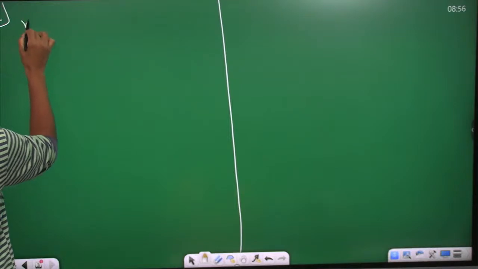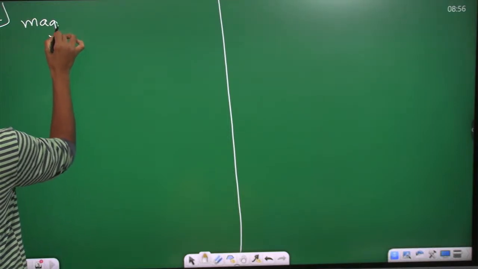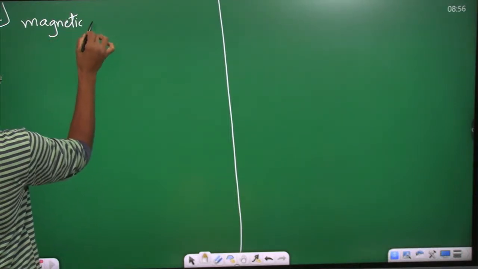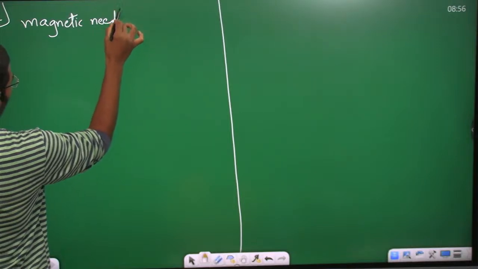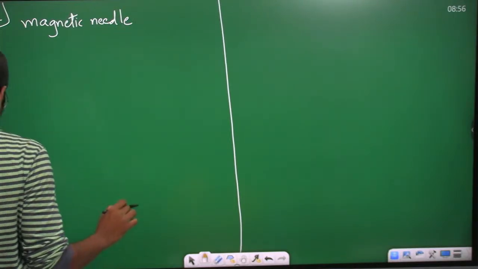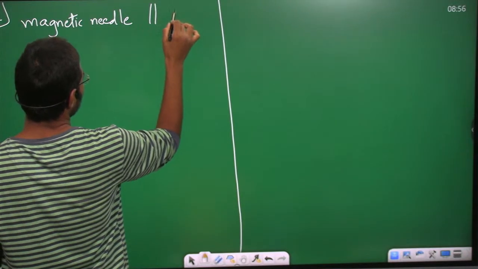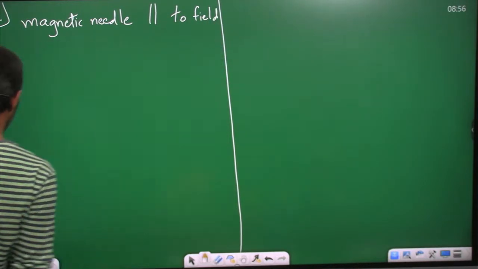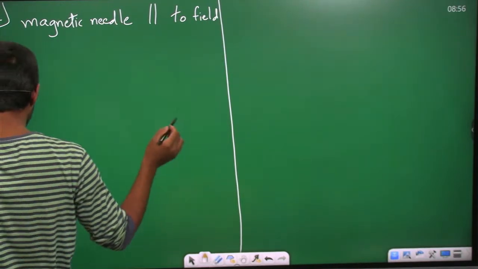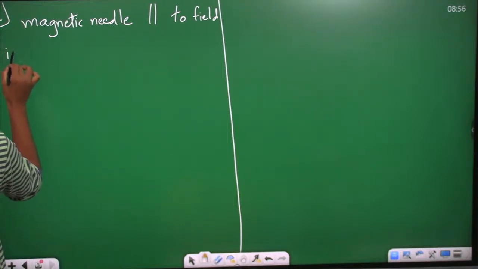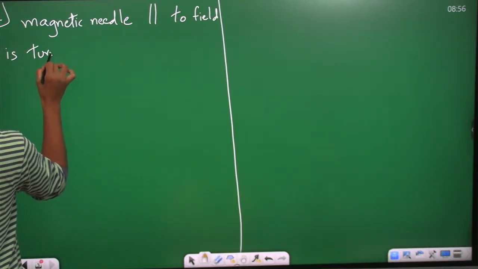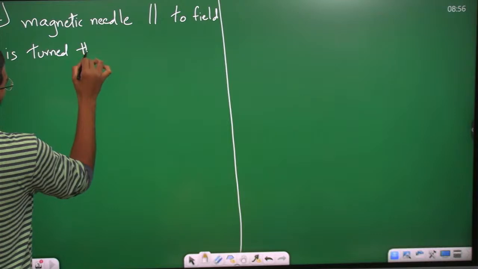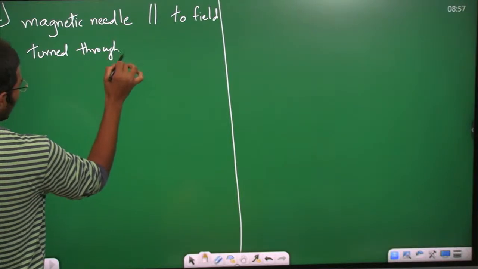Initially, a magnetic needle is parallel to the magnetic field and is turned through 60 degrees.